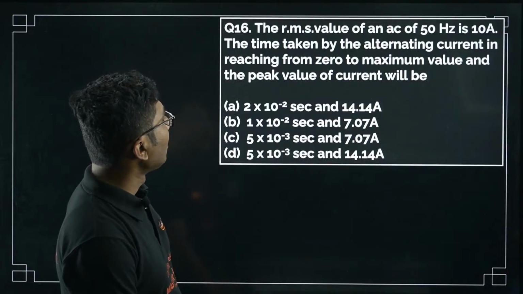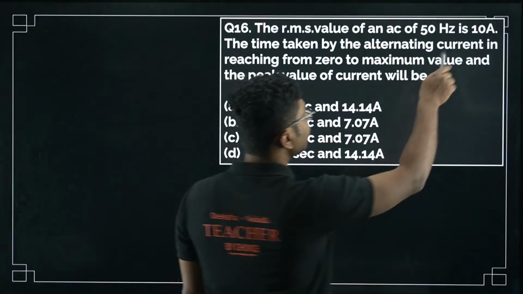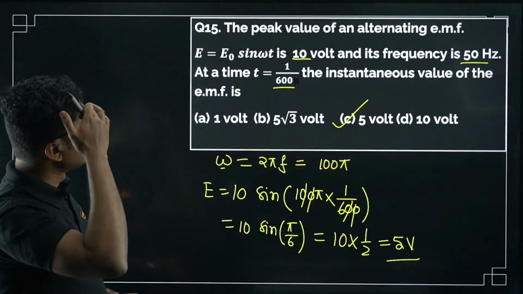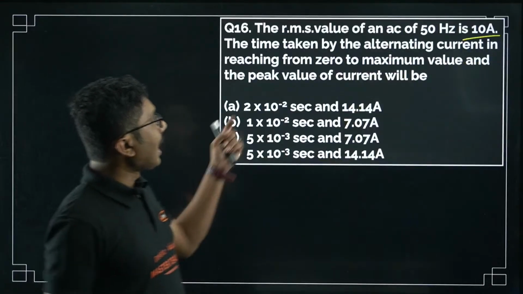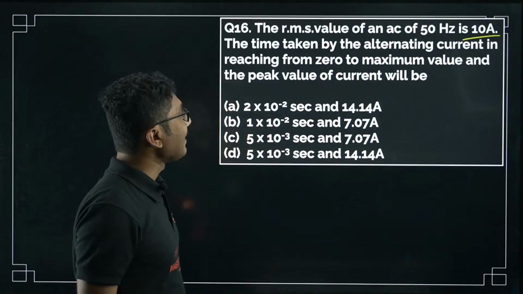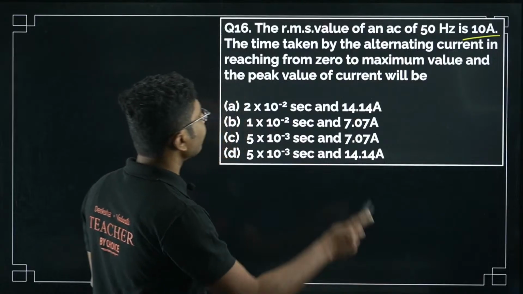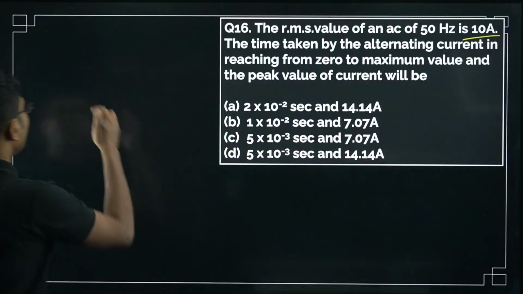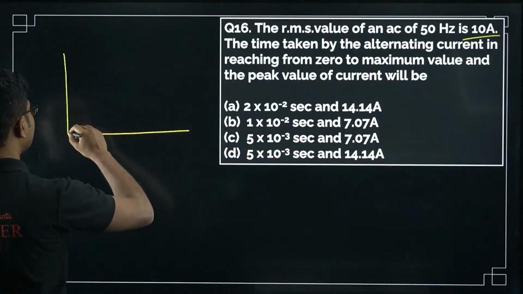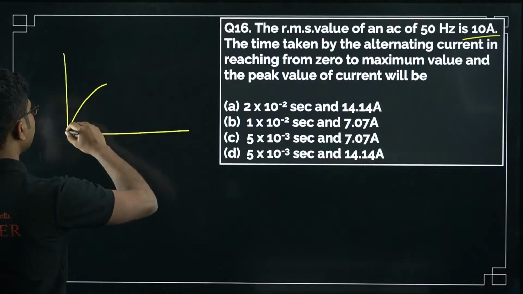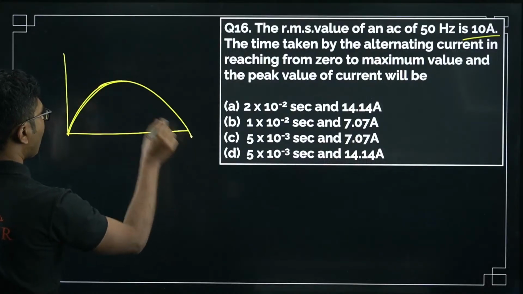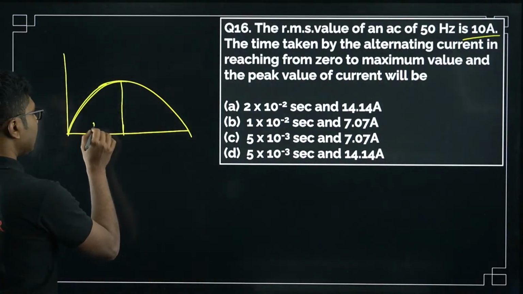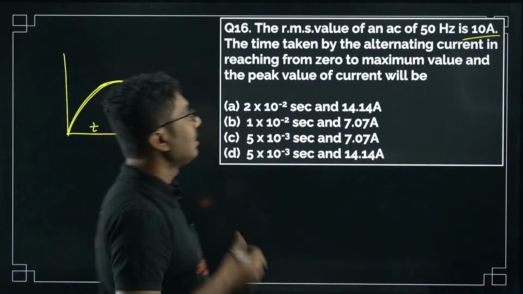So RMS value is given as 10 ampere, and they have asked what is the time taken for it to reach from 0 to maximum value. So you are trying to find this time, and what else?